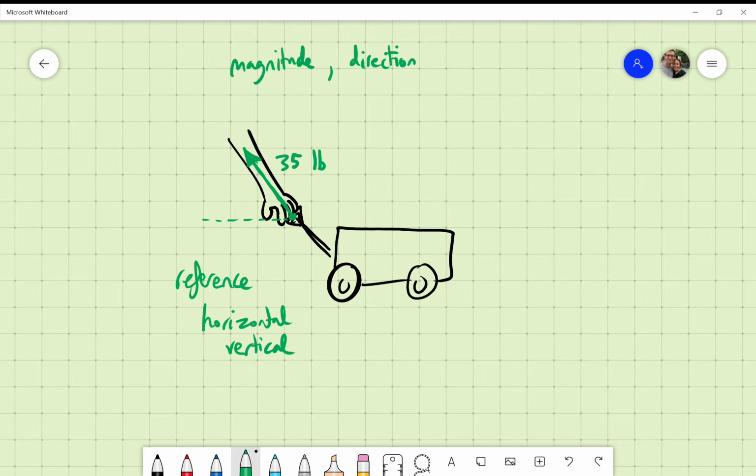But usually it's just horizontal and vertical. So you draw a little reference line with a little dashed line like you see there. And then you need to show what that angle is. 45 degrees. All right. That's a very, very standard way to show it. Actually, maybe let me use a slightly different angle.